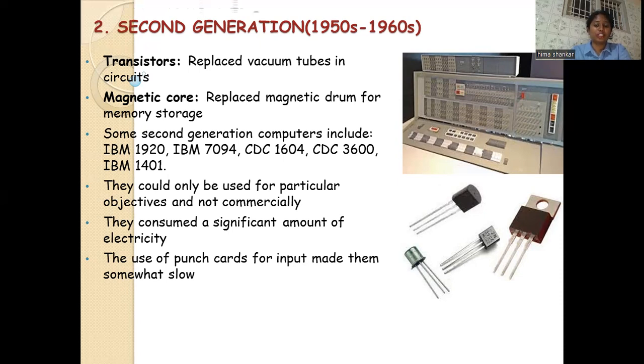Some second generation computers include IBM 1920, IBM 1794, CDC 1604, CDC 3600, IBM 1401. They could only be used for particular objectives and not commercially. They consumed a significant amount of electricity. The use of punched cards for input made them somewhat slow.